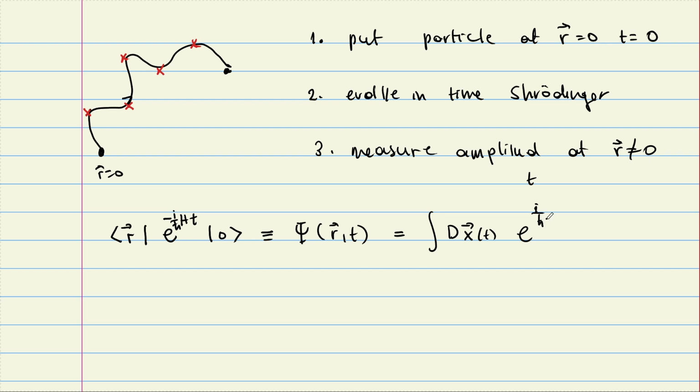I over h bar. So what you need to do is decompose this H into many smaller H's, by using smaller times delta t. This is something called Trotter expansion, and in between you insert identities in momentum space or real space, and there are many integrals, and these integrals can be taken because most of them are Gaussian.